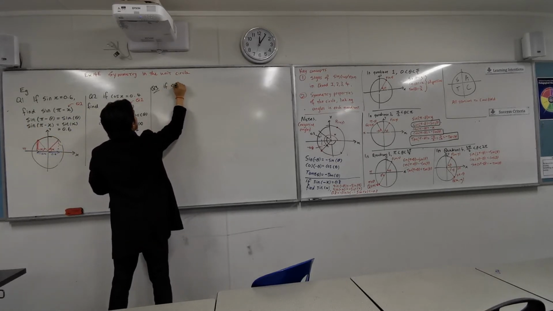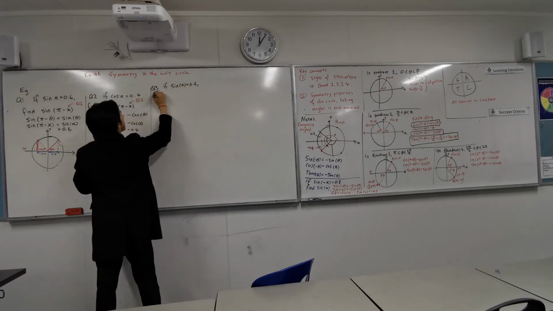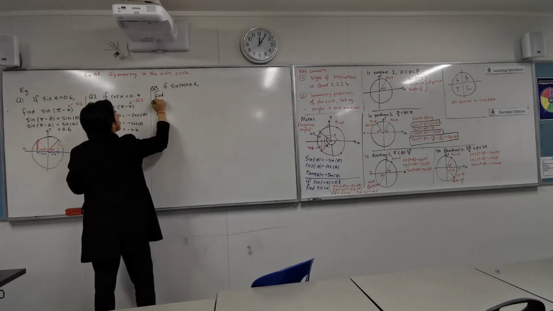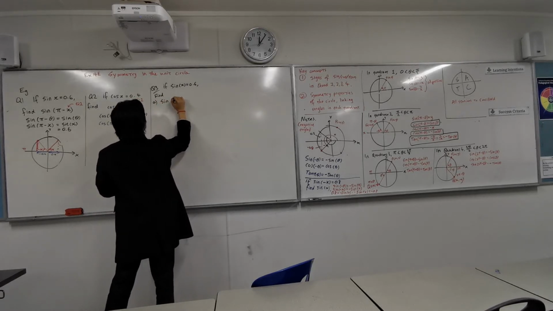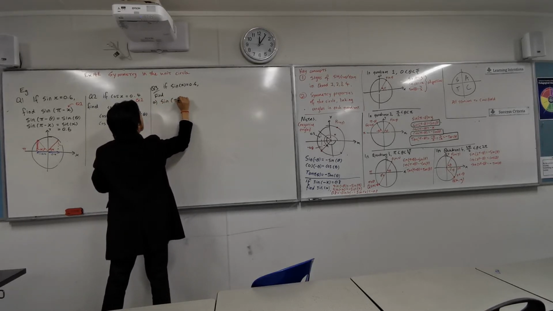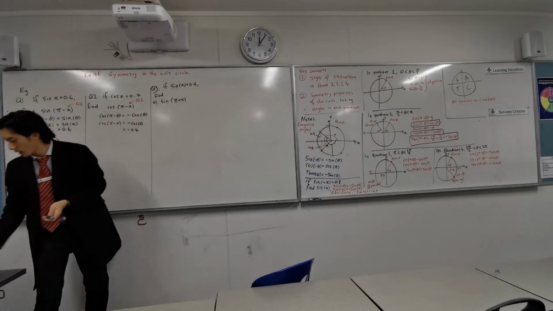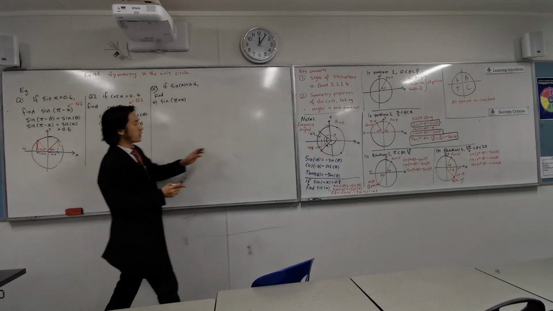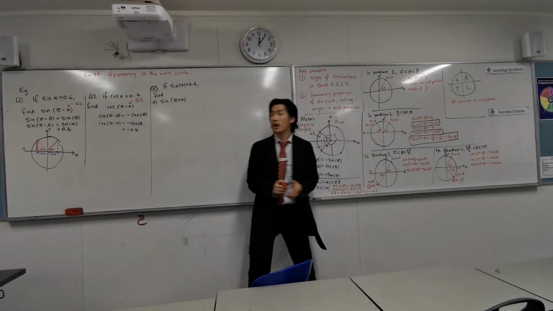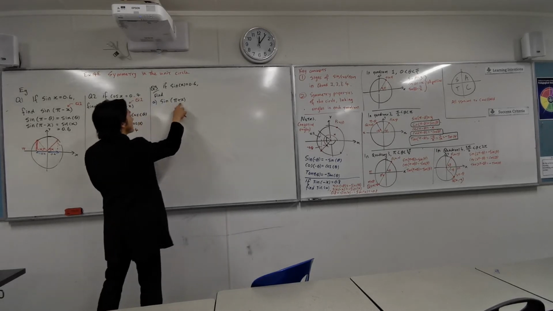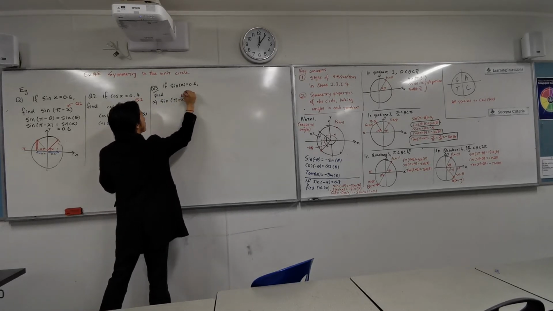If sine of x is equal to 0.6, find sine of pi plus x. Now with this example, we're not looking at negative angles, we're looking at angles in other quadrants. I can tell because pi plus x indicates that we're looking at quadrant 3.